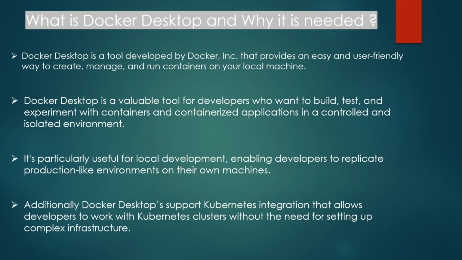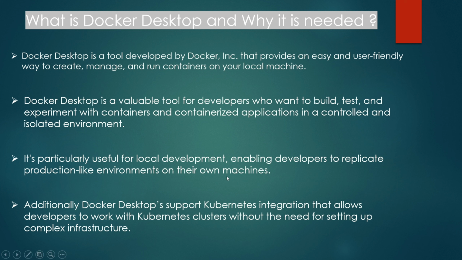Actually, to provide this isolated environment, Docker Desktop uses a lightweight virtual VM internally to provide the underlying infrastructure for running containers on Windows OS as well as on Mac OS. The purpose of this VM is to create an isolated environment that is similar to a Linux system.